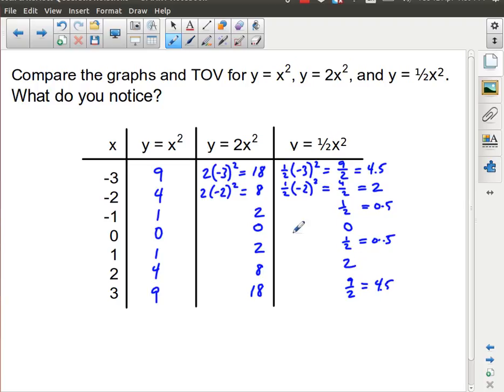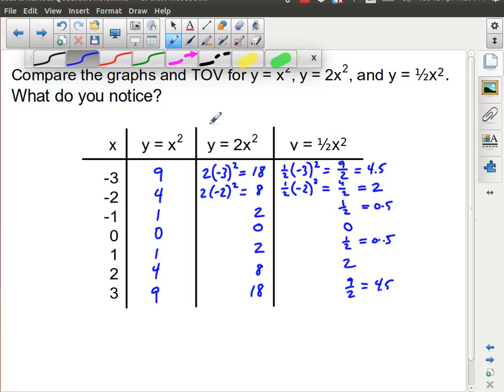So we've created tables of values for the parent function, or recreated the parent function. And then if I take the parent function and multiply by 2, it doubles my values. If I take the parent function and multiply by 1/2, it gives me half of the values. And these are the y values. Notice the x values haven't changed at all. We use the same set of x values in each case. So this one, what do we notice?